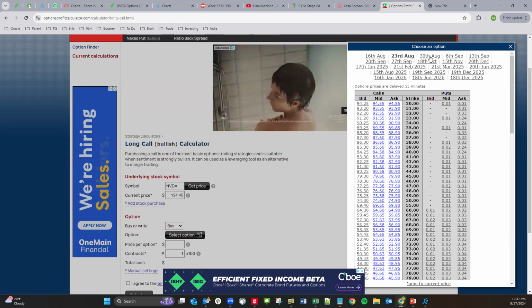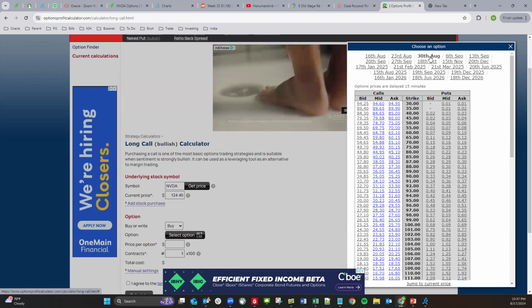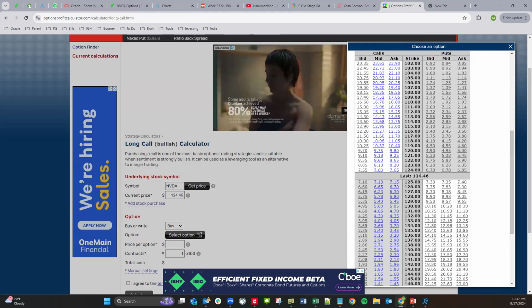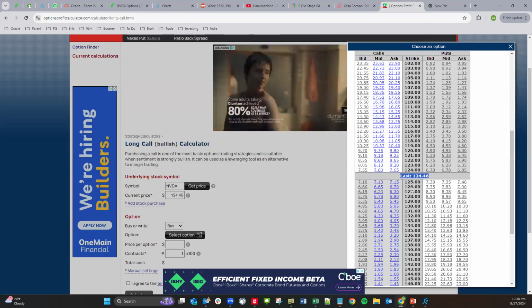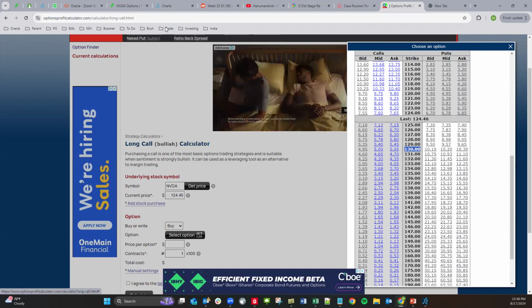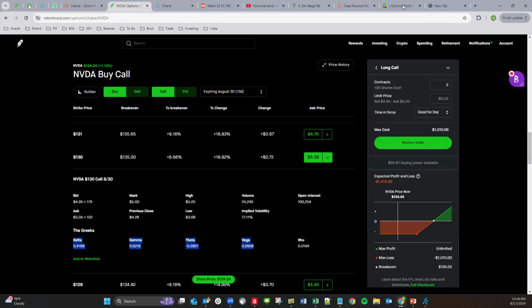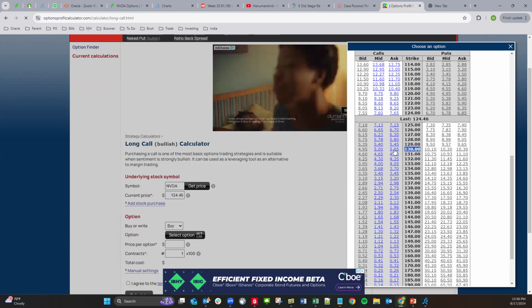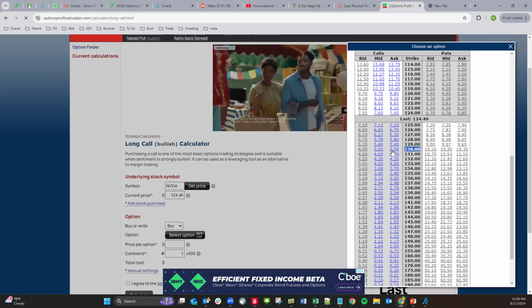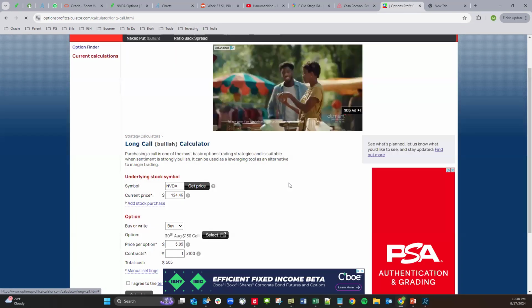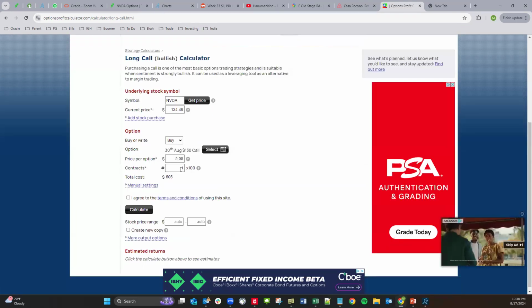Same thing: NVIDIA, 30th August, and the current market price is 124 and we said a strike price of 130, right? $5, what we saw in Robinhood, 505 is what we are seeing here as well. It takes this from the market, so we're putting in the actual numbers. So going with 505, which is the ask price when I'm buying, and let's go with one contract, which is a total cost of $505.